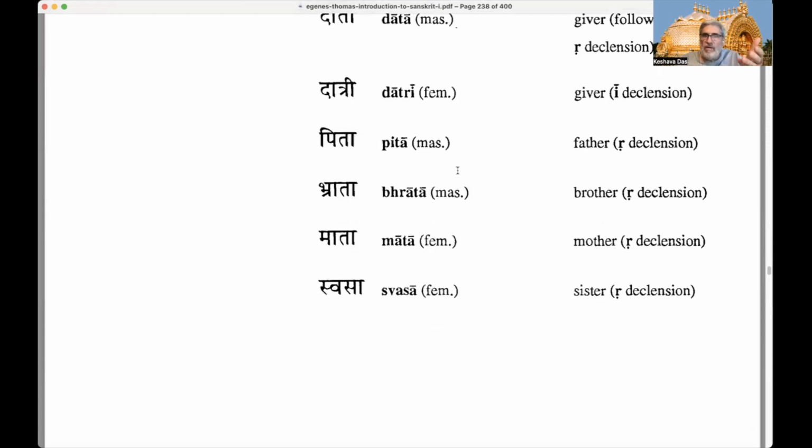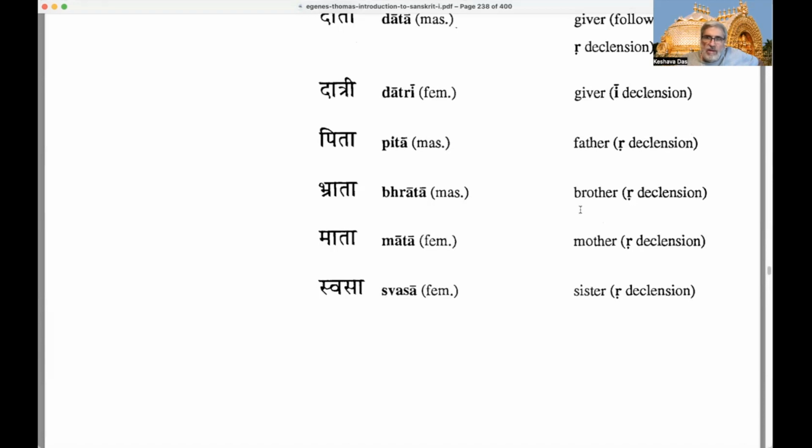Now we have those other ri-ending nouns that are nouns of relationship: father, mother, daughter, sister, and brother. We have pita, which is the nominative singular of pitri, father. It's declined like a ri-ending noun. Bhrata is the nominative singular of bhratri, and it means brother.